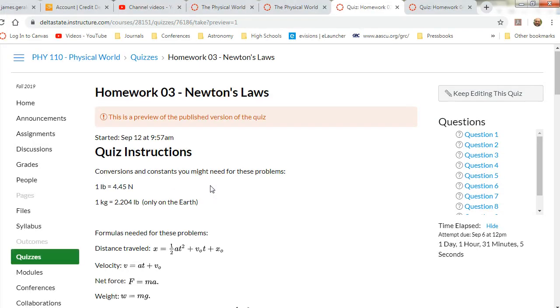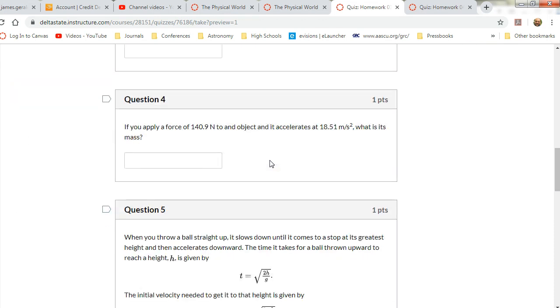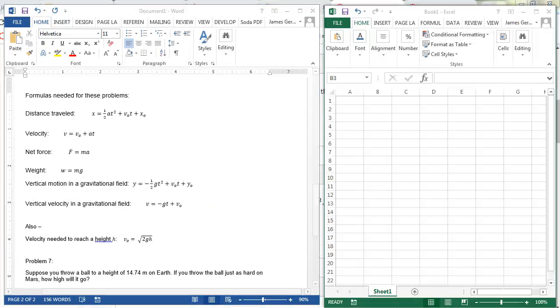We'll have to look that up. Where did I give that to you? Here you go. Acceleration on Mars, 3.71. So 9.81 on Earth, 3.71 on Mars, meters per second squared.